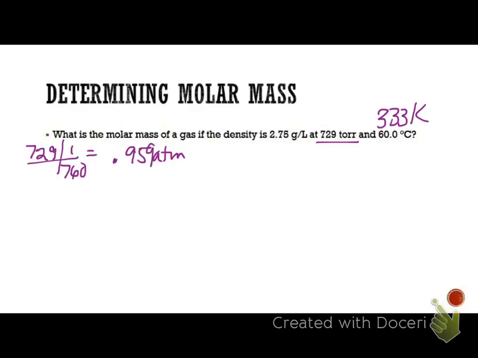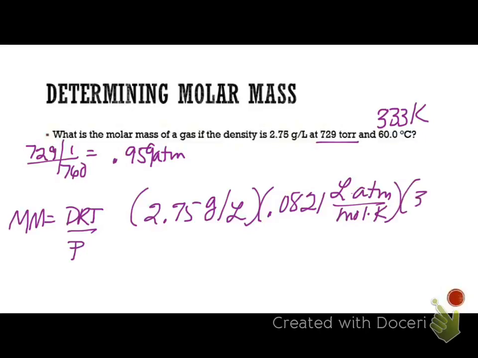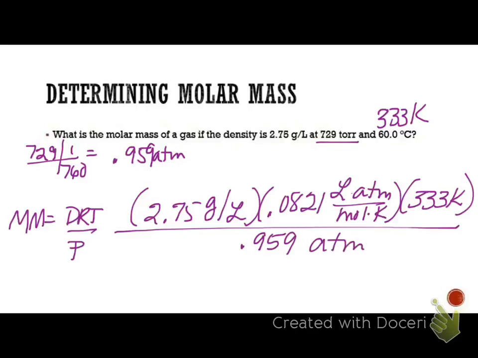Now we can use our dirt over P. Molar mass equals density times R times T over P. They gave us the density, so 2.75 grams per liter. Our R value, 0.0821. Our T, 333, divided by our pressure, which was 0.959 atmosphere.